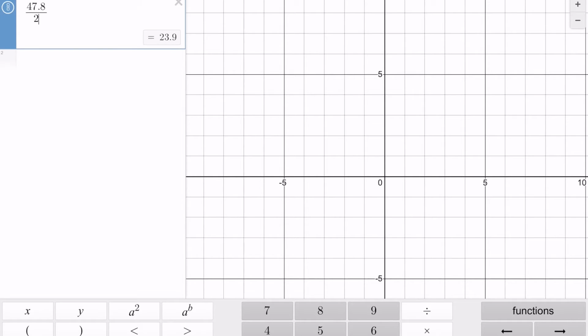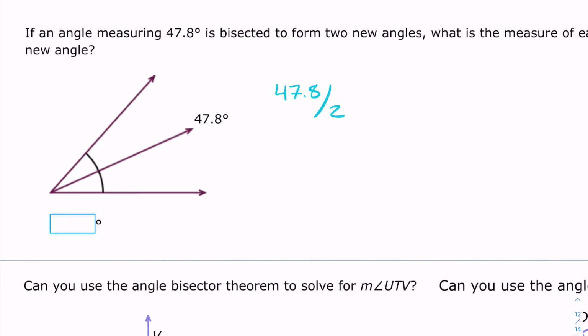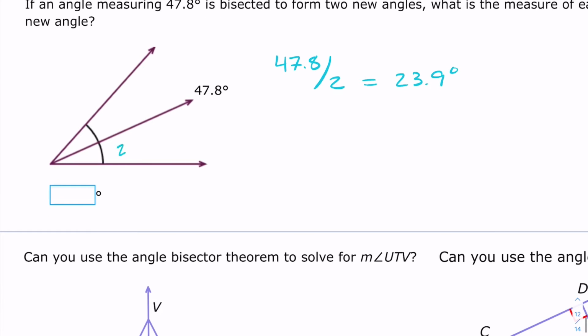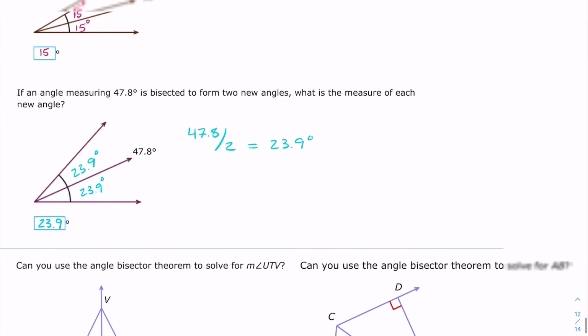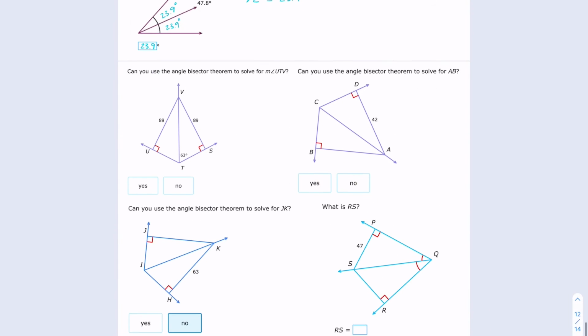And it looks like it's 23.9. So the answer is 23.9 degrees. So together, 23.9 plus 23.9 equals 47.8 degrees. Okay, so that was pretty quick.